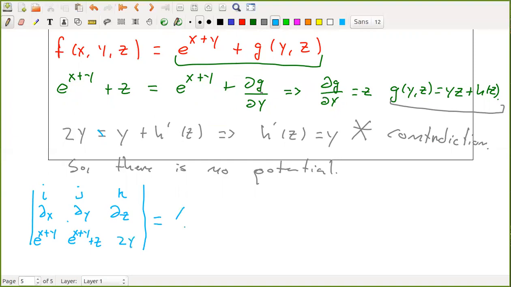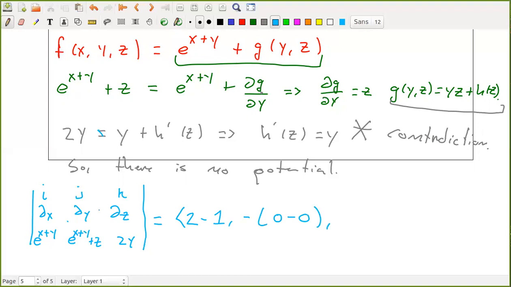Okay. So the first component is going to be the y derivative of 2y minus the z derivative of e to the x plus y plus z. So this is going to be 2 minus 1. The next component is going to be minus the x derivative of 2y, which is 0, minus the z derivative of e to the x plus y, which is also 0.